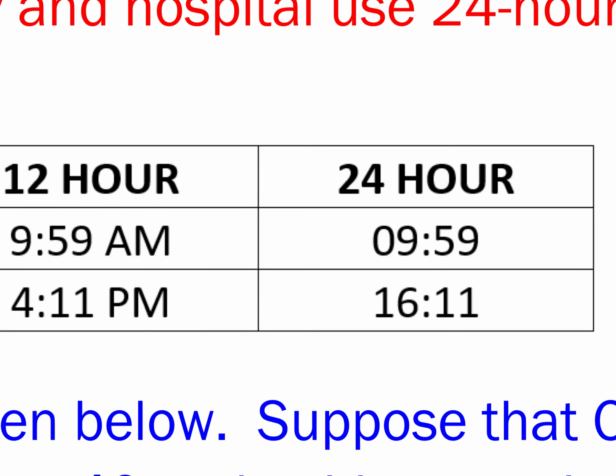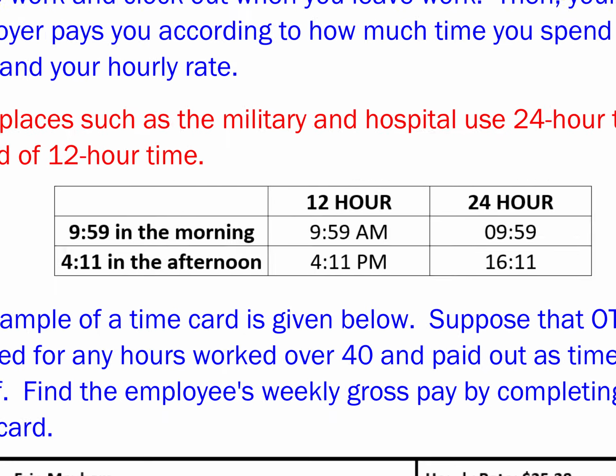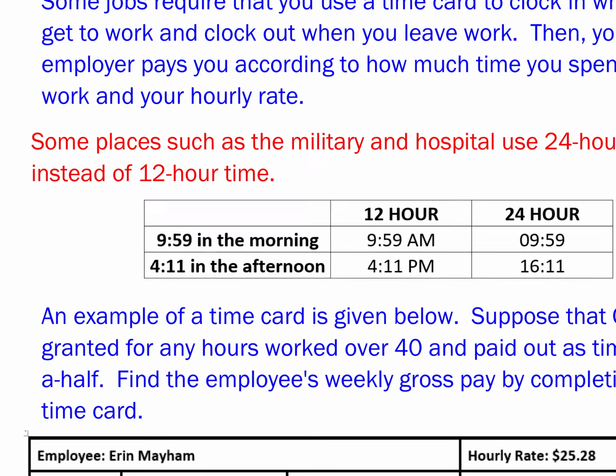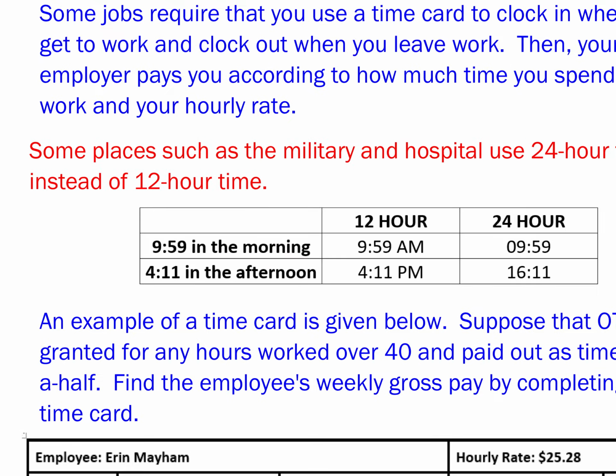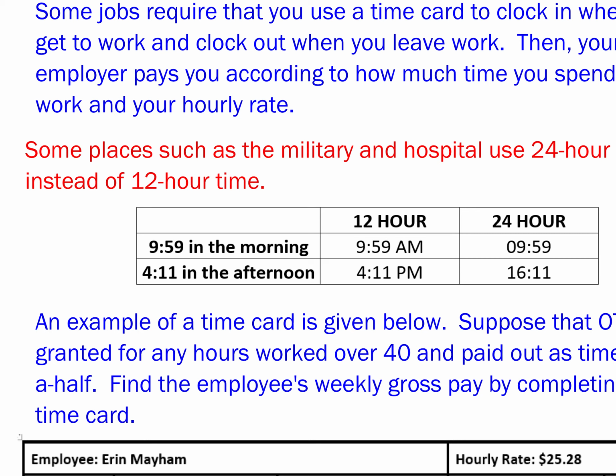So morning, a.m. doesn't change, but 24-hour time or military time changes once you get to 1 o'clock p.m., because then it's 1,300 hours. Once you get to 2 p.m., it's 1,400 hours. 3 p.m., 1,500 hours.